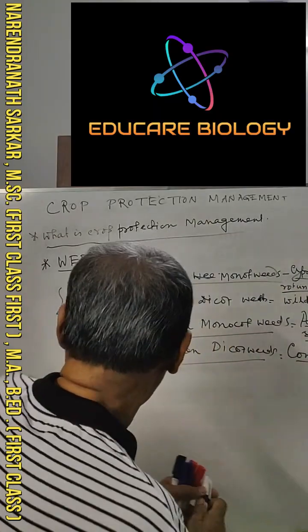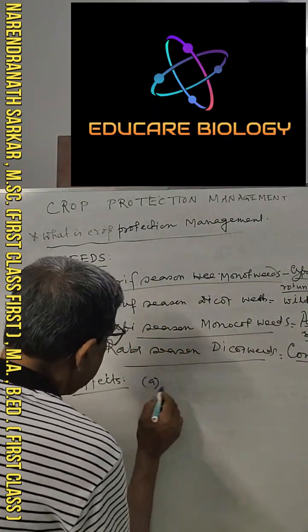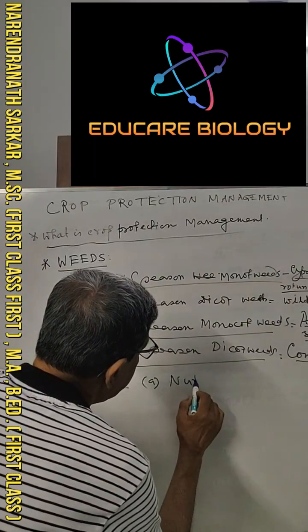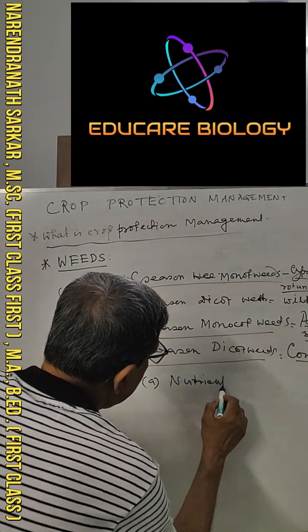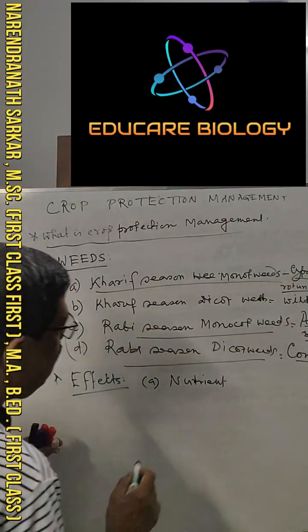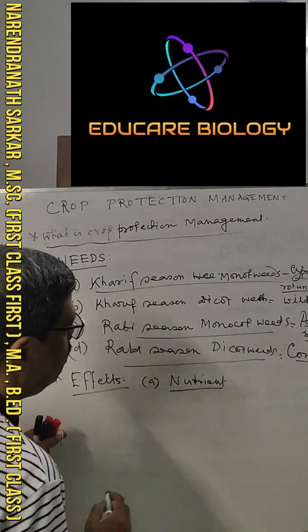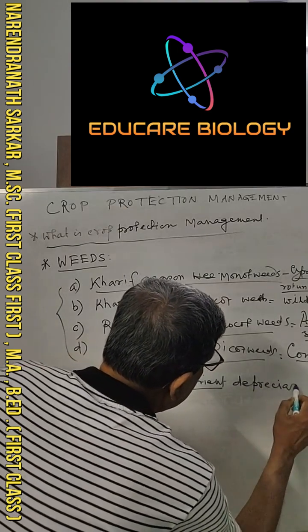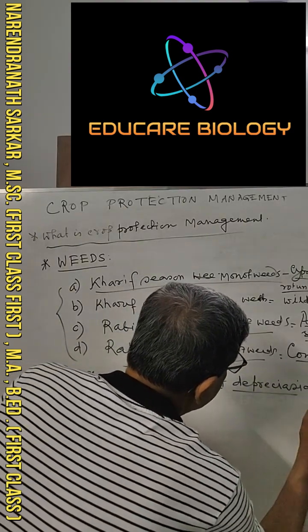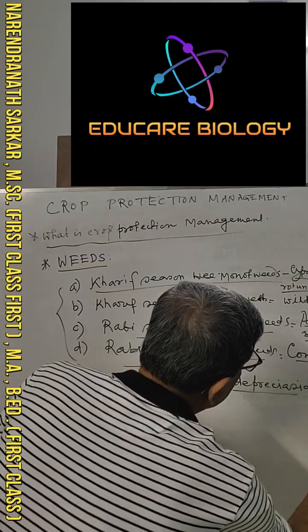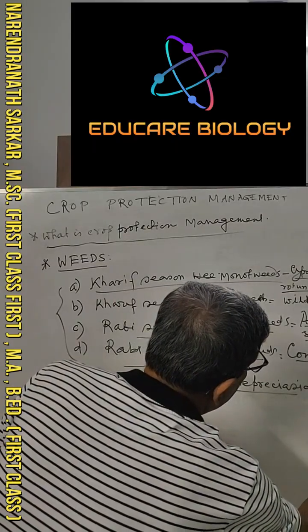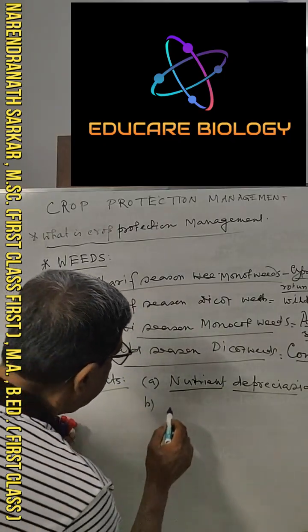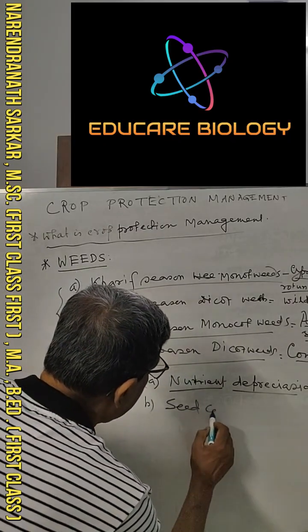Number one, nutrient depletion of crop plants. Number two, seed contamination.